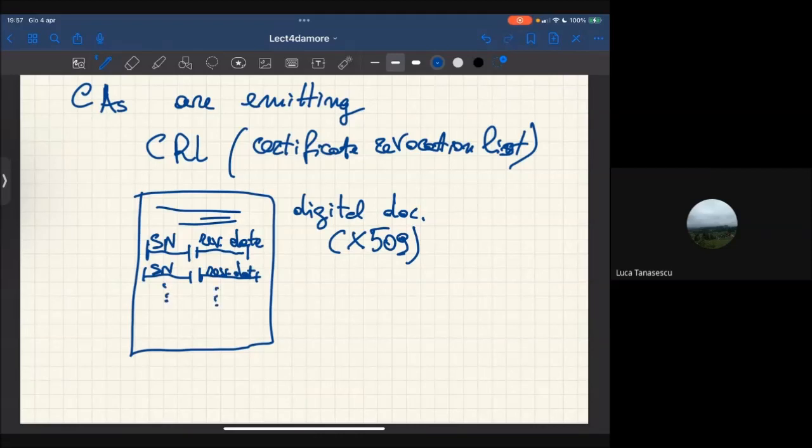A long list. I don't know the length, but it is long. And typically, certification authorities produce this list of revoked certificates every one to two weeks.